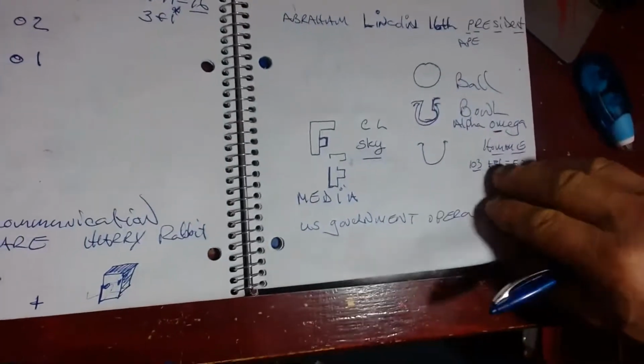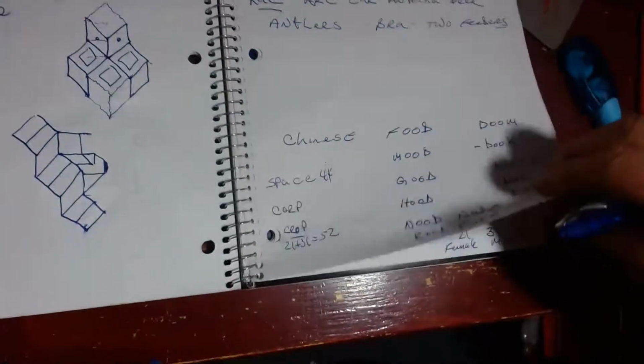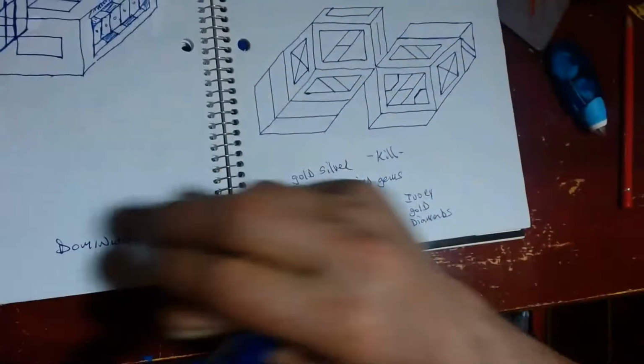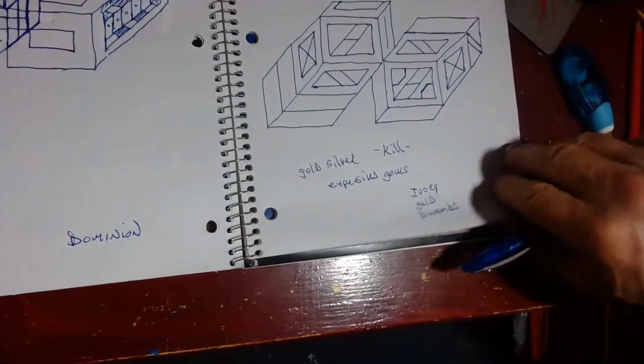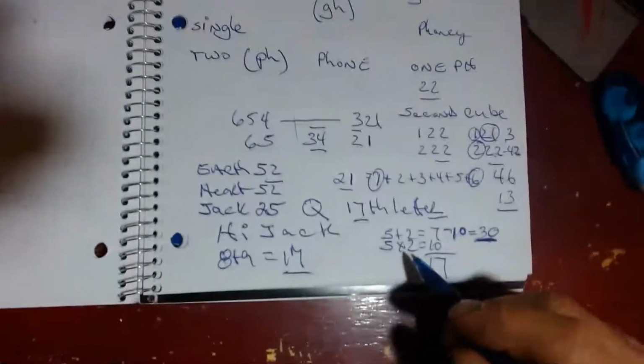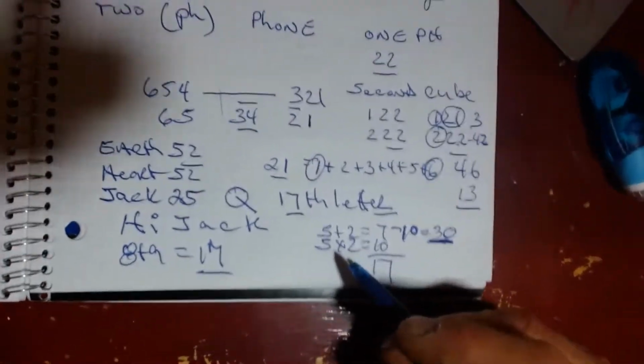Okay, let's go back to where I was. Hold on a second. Let's get back to where I was. Okay, right over here, we were talking about Q, and I'm really sorry to take you all over the place.